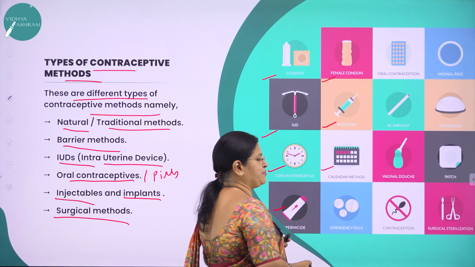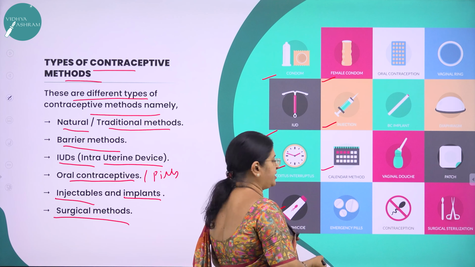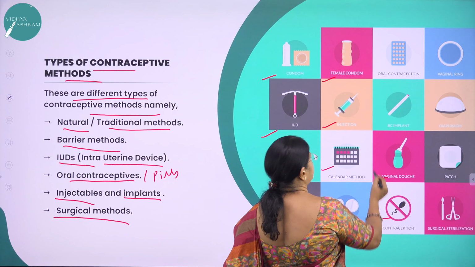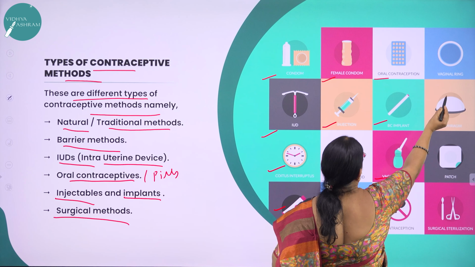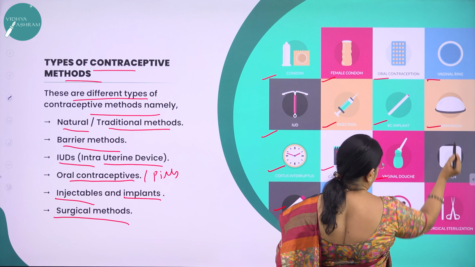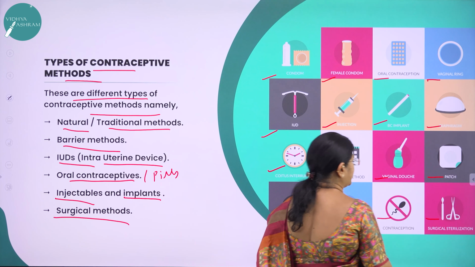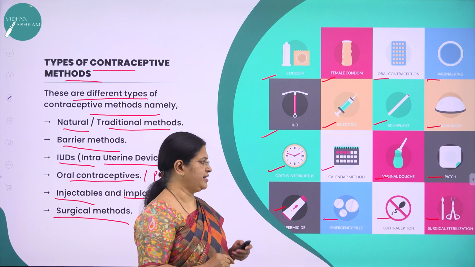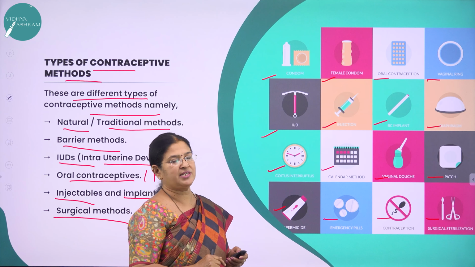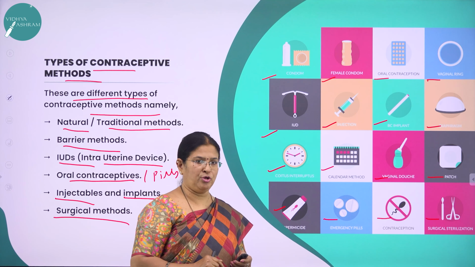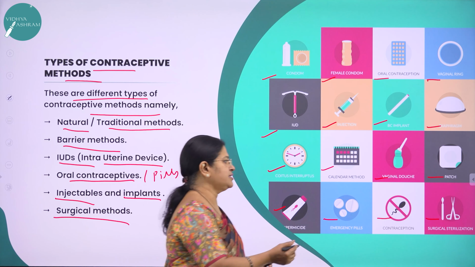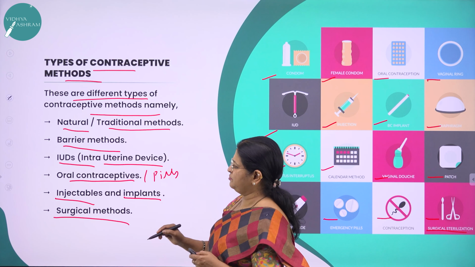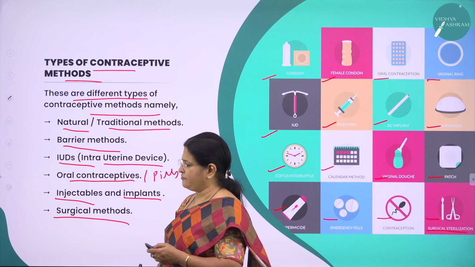As I said, periodic abstinence is called calendar method or rhythm method, emergency pills, vaginal douche, then implant, oral contraception, vaginal ring, the diaphragm, the patch, and the surgical sterilization, that is cutting a part of the vas deferens, which is cut and tied in male, whereas in case of female a part of the fallopian tube is cut and tied. So, that is the surgical sterilization. So, these are the different types of contraceptive methods. Now, let us study one by one.